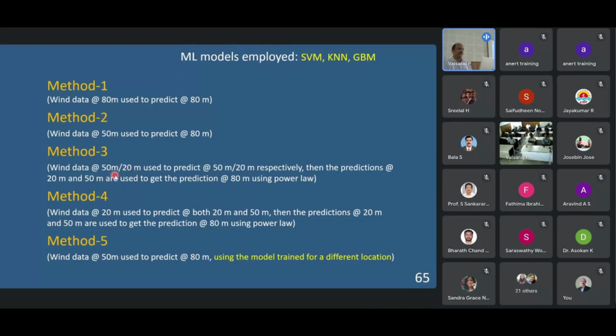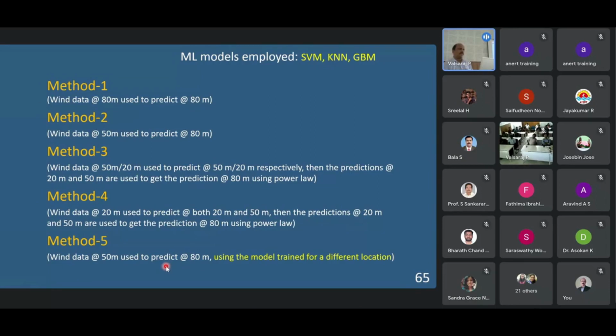Just install a 50 meter mast and take data at 50 and 20 meters, predict at 50 and 20, and using power law extrapolate it to 80. That's the method. And method 4 is further simplified. You install a 50-meter mast for say 1 year, take data at 20-meter and 50-meter, and train the model. After that, you dismantle the 50-meter and retain only the 20-meter mast. Then you can predict at 80-meter after that.